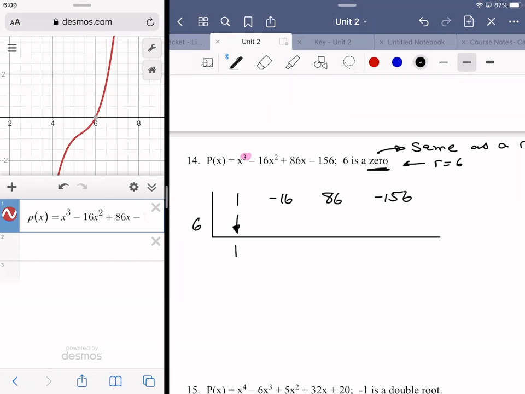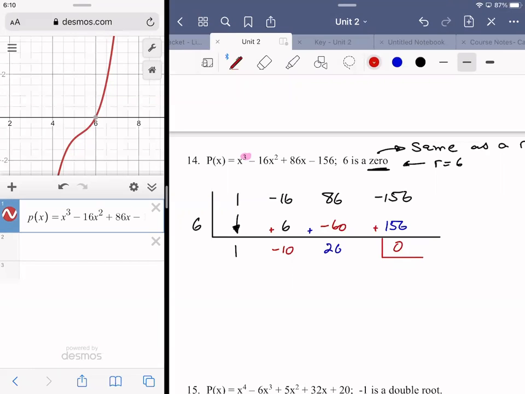So I drag down the 1, multiply by the 6 on the outside, add, multiply by the 6 on the outside, add, that's going to be 26, multiply by the 6 on the outside. Oops, that should be in blue. Add, and you'll see a remainder of 0.